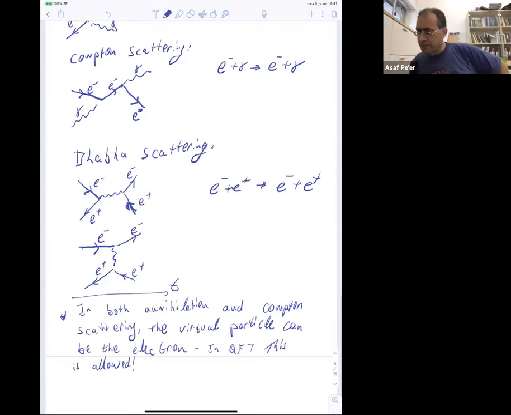And in the lower diagram, an electron emits a photon, and then the photon interacts with the positron.